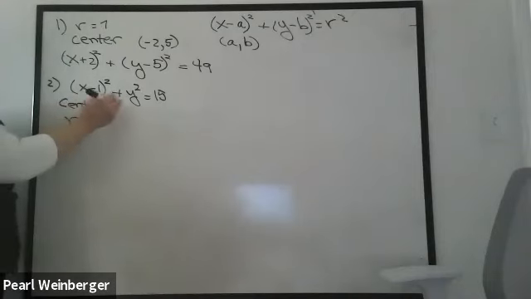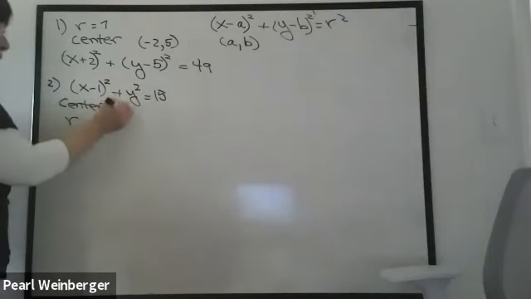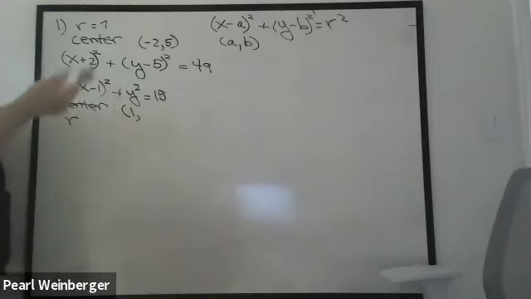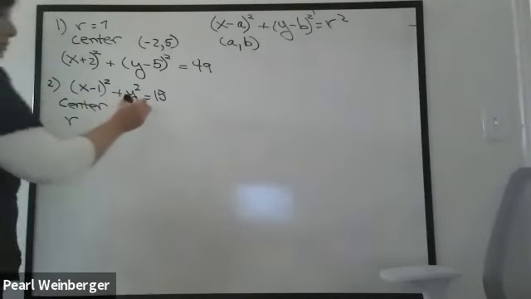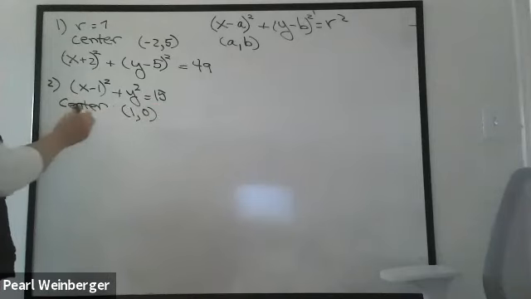So the center we know is the numbers inside the parentheses with the opposite sign. So the x of the center will be +1. For the y, they didn't put in the parentheses because there's really nothing next to it, which obviously means that it's 0. So the center of the circle is the point 1, 0.